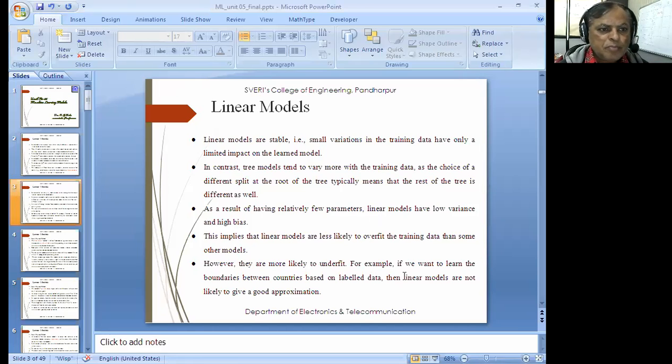So the most important thing is that there should not be an effect on the stability of the linear models.